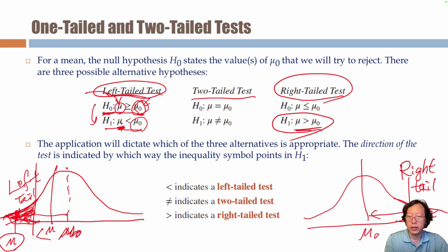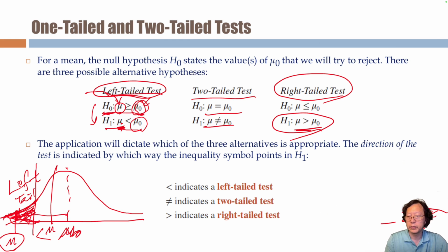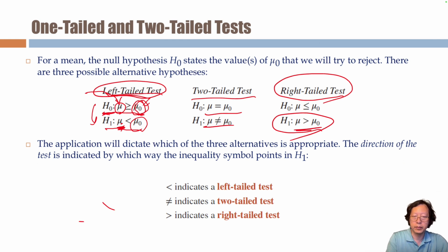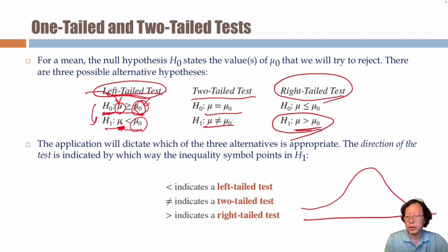What is the two tail test? In a two tail test, the null hypothesis is that they are equal, and the alternative is that they are not the same. This can be rejected in two ways. Again the center is mu 0.